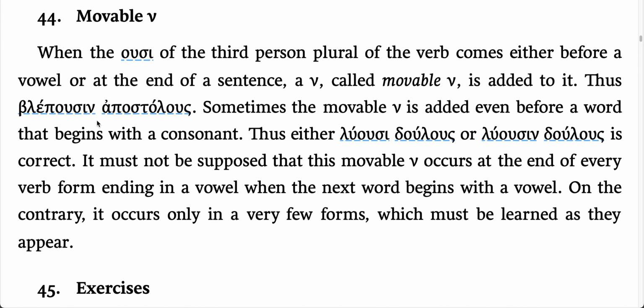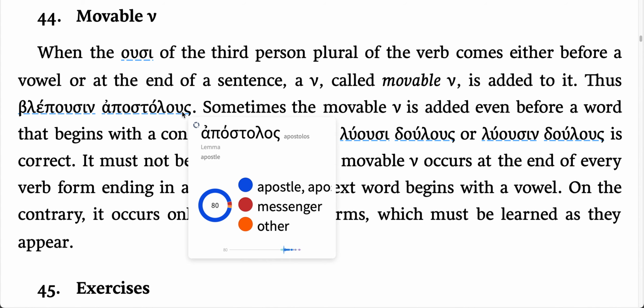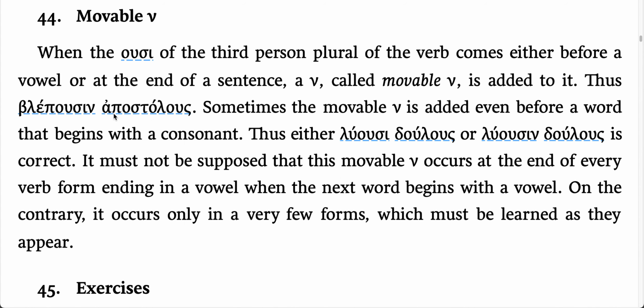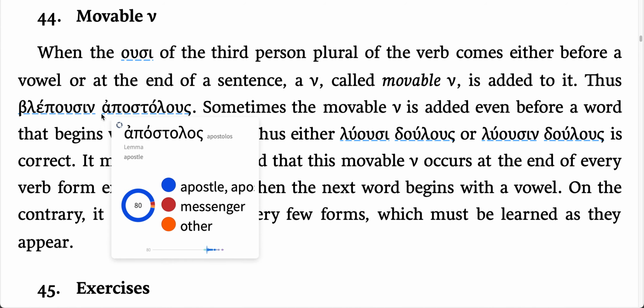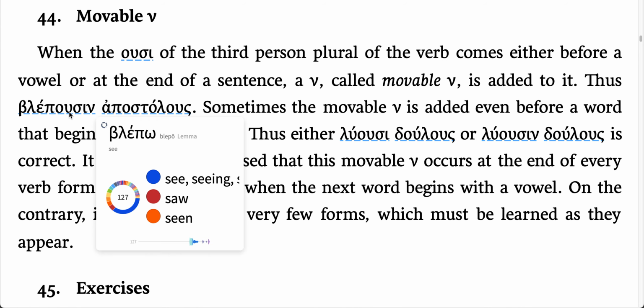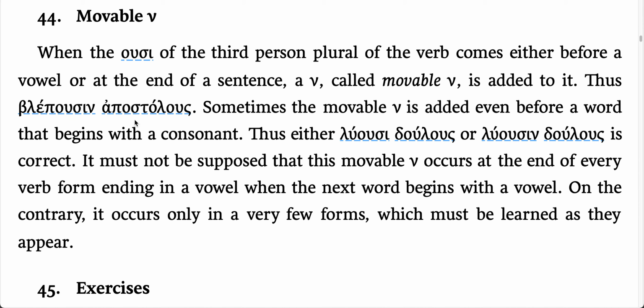The reason you see that nu and the reason that this is given to us in this chapter is because now, what if you have a direct object after it in the accusative case? And the word that comes after it has a vowel right there. What they did was to say the word better, because they had to say this in a sentence.